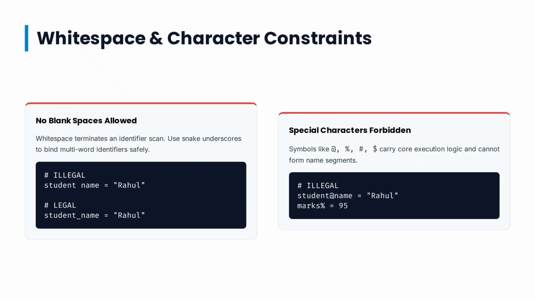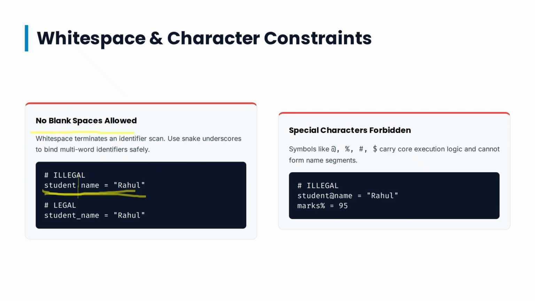White space and characters. No blank spaces are allowed while naming a variable. Whitespace terminates an identifier, and we can use the underscore to join multi-word identifiers safely. This is illegal because student name = 'Rahul' has whitespace, which terminates the variable name.